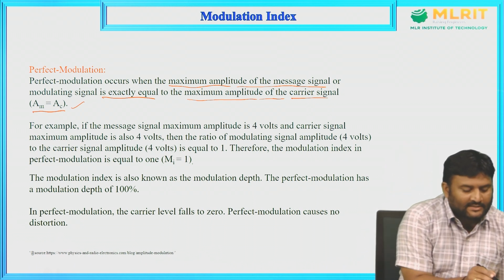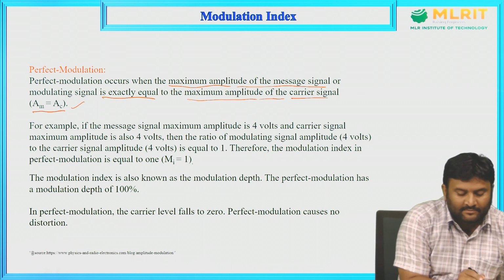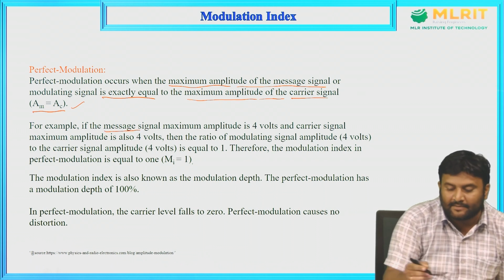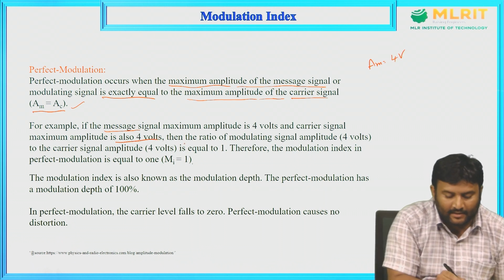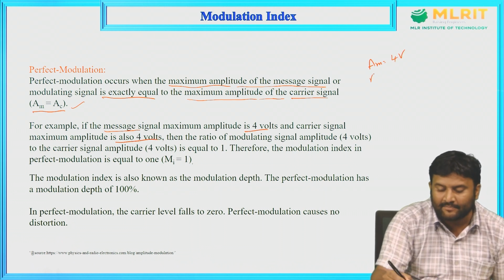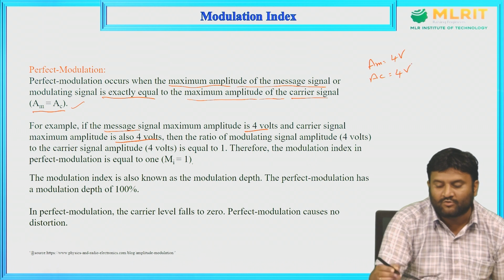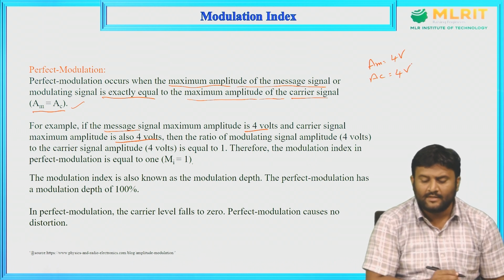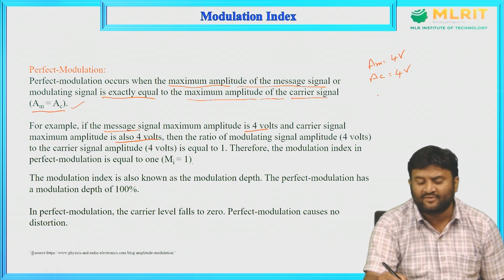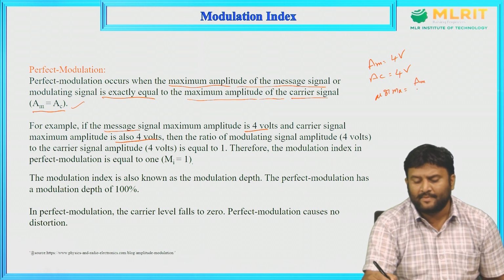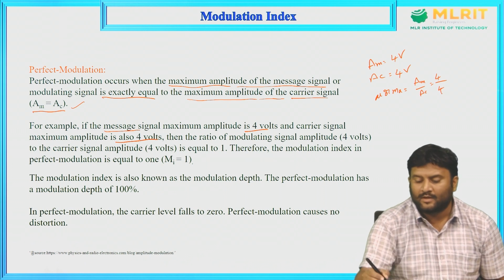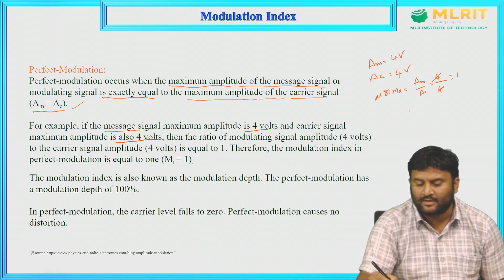For example, if the maximum message signal amplitude AM is equal to 4 volts, likewise I am taking the carrier maximum amplitude is also equal to 4 volts. Then as per the definition of modulation index, mu or m is AM by AC, 4 by 4. Therefore, this value is 1.